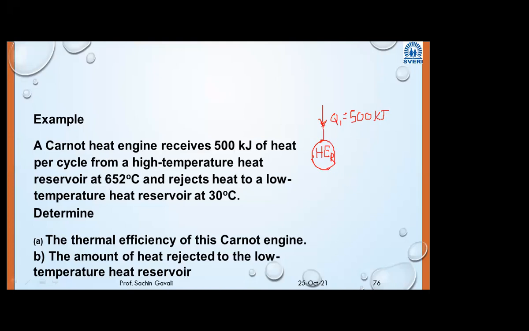It is from a high temperature source reservoir.